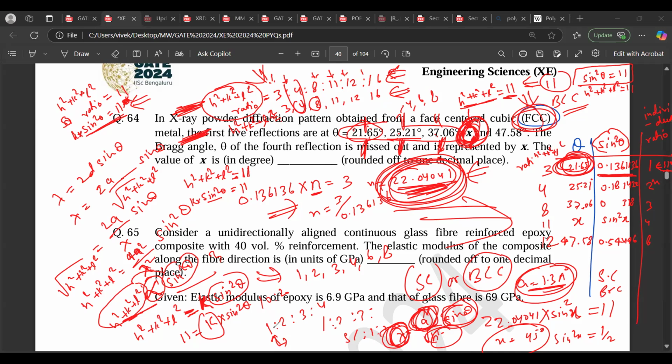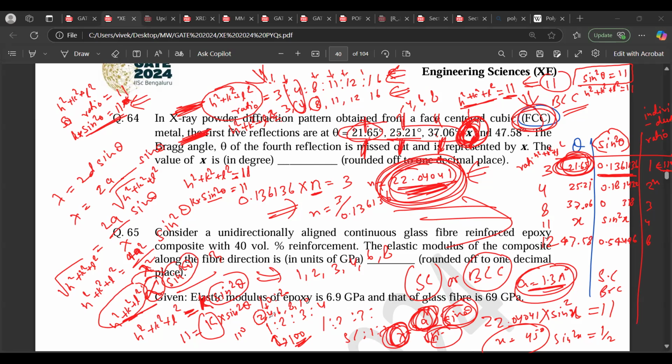If it is BCC, the ratio is also 1:2:3:4, and from this you would get 100, but in BCC the first peak is 110. That would be wrong, because in BCC the ratio is 1:2:3 for H square plus K square plus L square, but the individual number for each peak is 2, 4, 6, 8, 10. This says exactly how much H square plus K square plus L square is for the first peak, and for the second peak for BCC.